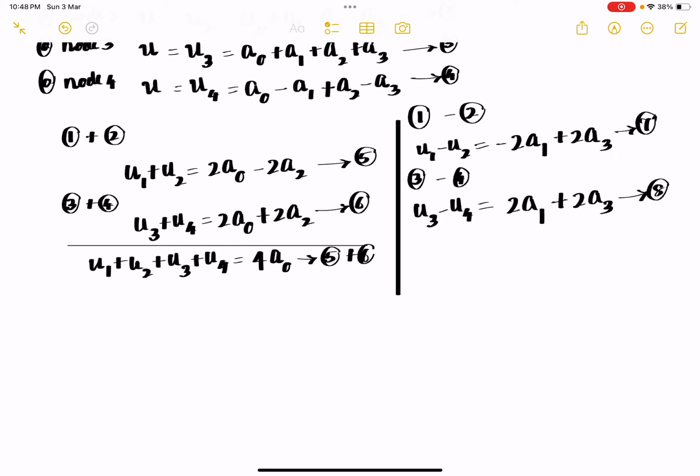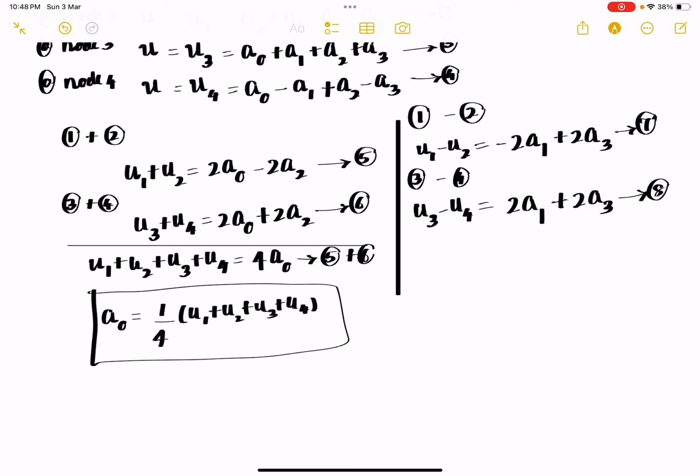Now, all you have to do is find the value of A0. A0 is equal to 1 by 4 into U1 plus U2 plus U3 plus U4. Great, we got the value of A0.